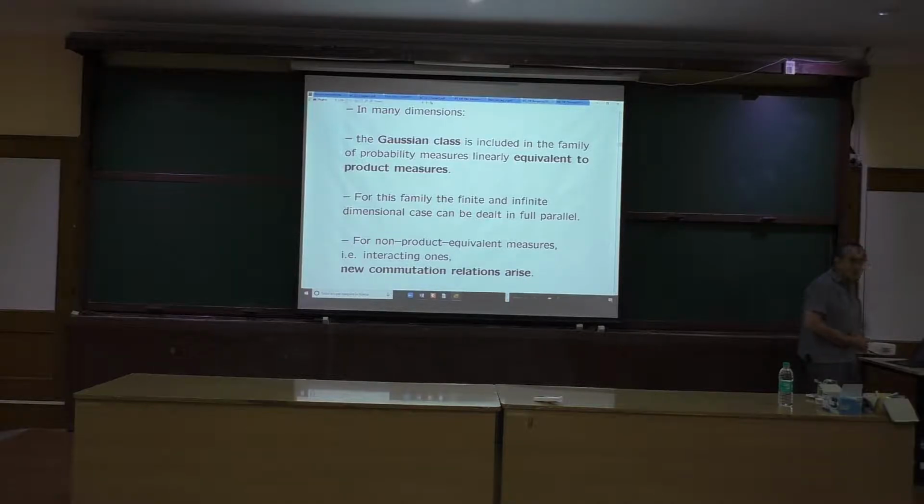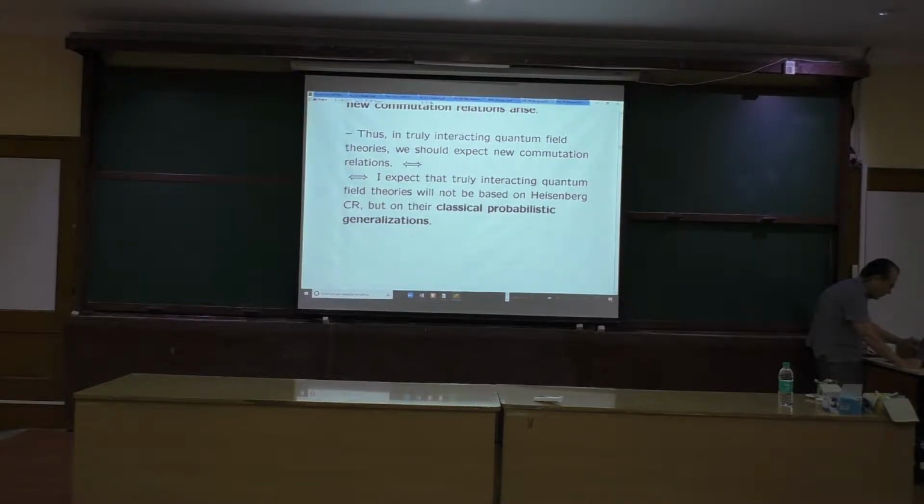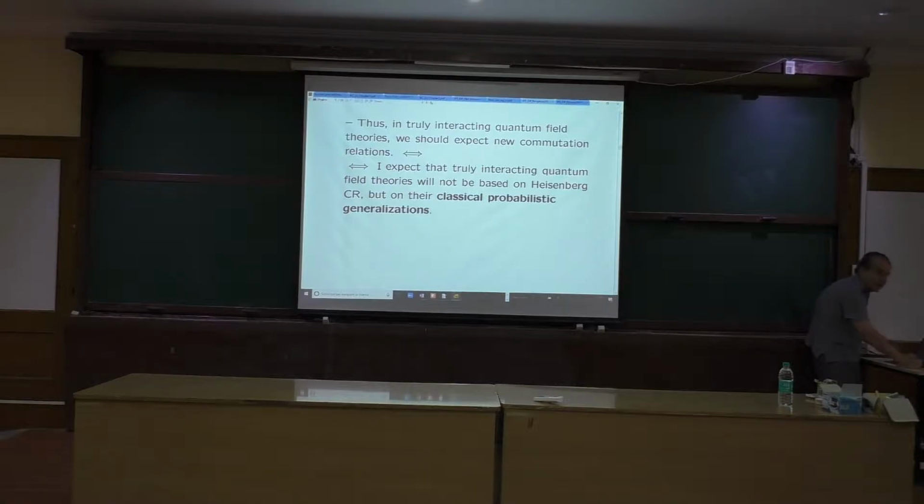In many dimensions, we have a characterization of the Heisenberg commutation relations only in terms of Gaussian measures. We don't know precisely the connection with the Poisson. But we know that the Heisenberg commutation relations exactly characterize the Gaussian measures in any finite dimension. But there are many other classes of measures in finite dimensions, and they obey different commutation relations.